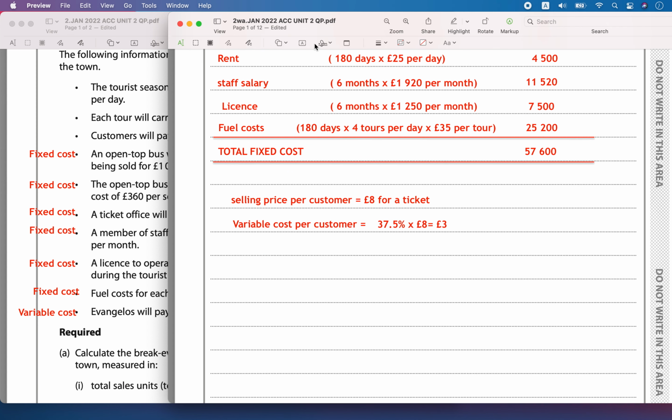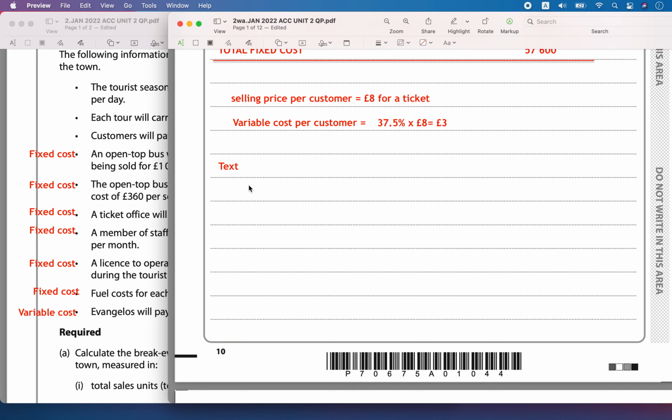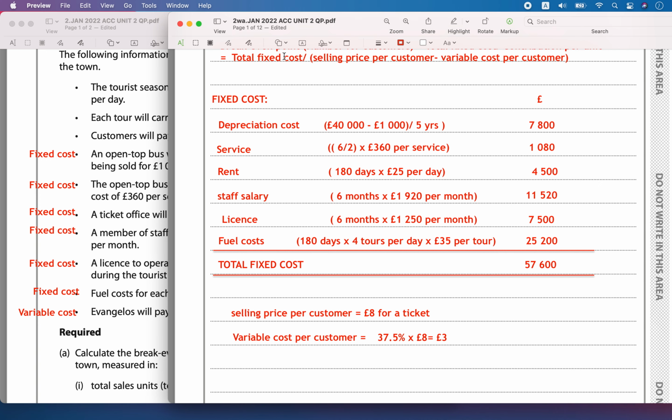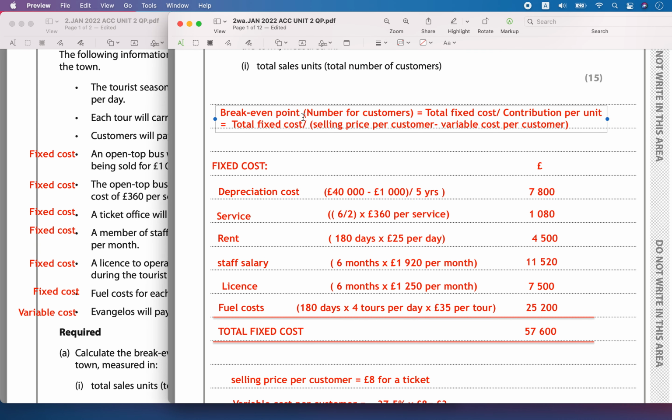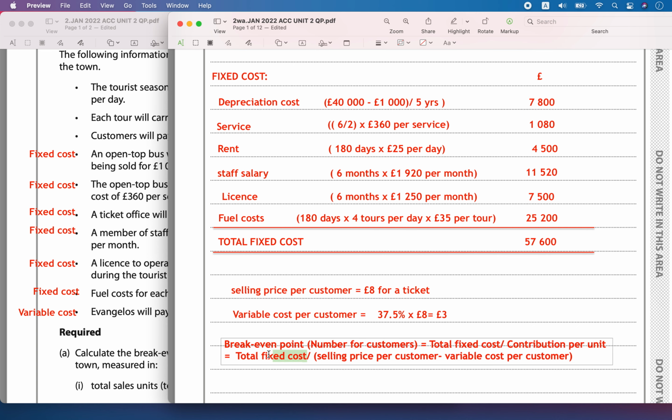Now let's calculate the break even point to get the number of customers, so that they don't make either a profit or loss, so that they can cover the costs. So let's substitute here.